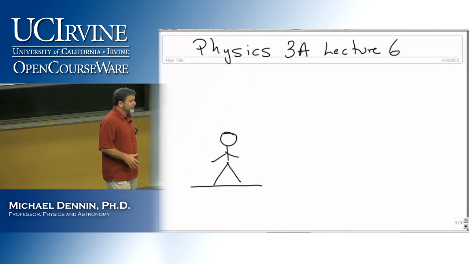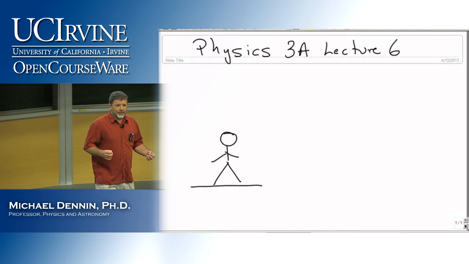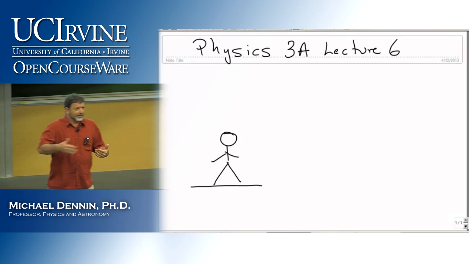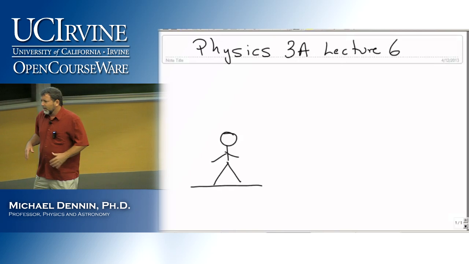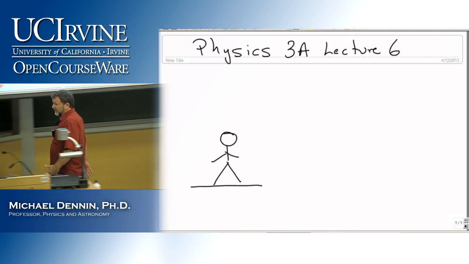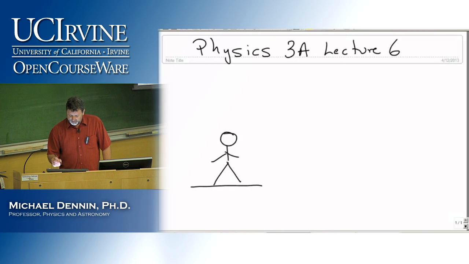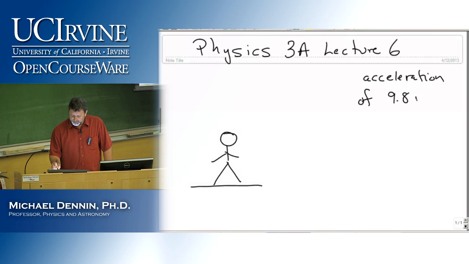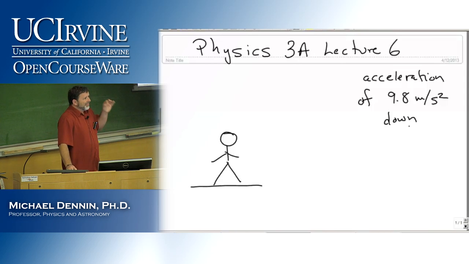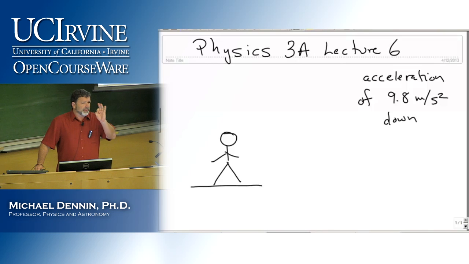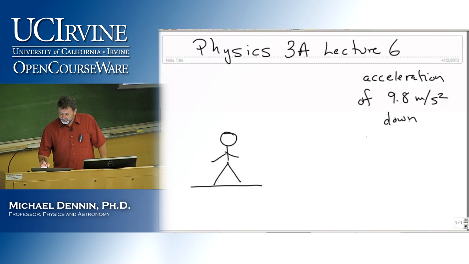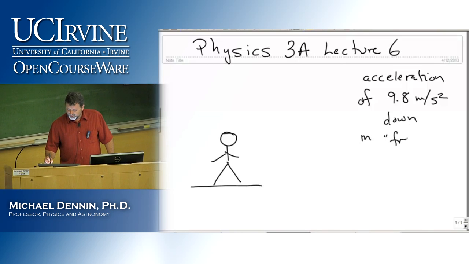And this is one of the challenges with physics at times, is I can't teach you everything all at once. We have to learn it in some sort of order. So when we say that an object always experiences an acceleration of 9.8 meters per second squared down, the key part that I didn't really emphasize well on Wednesday, you keep in mind, this is what we call free fall.